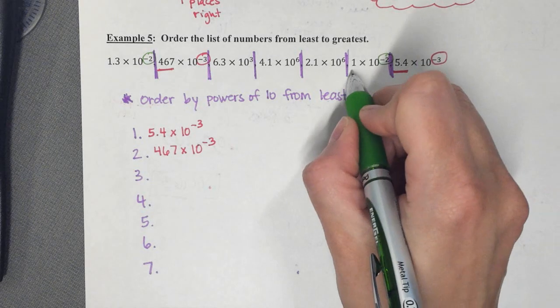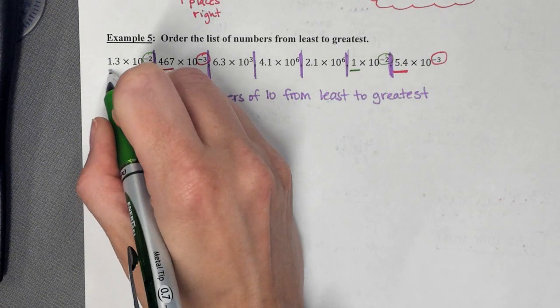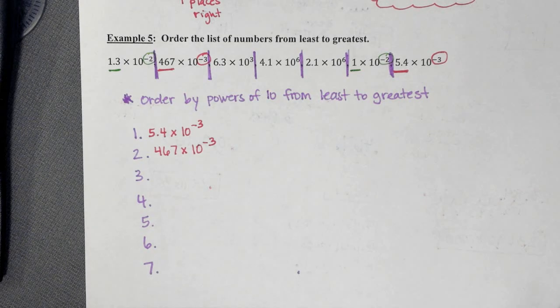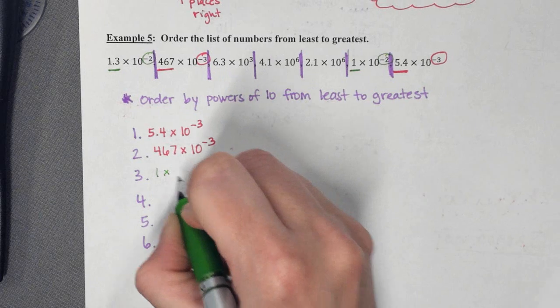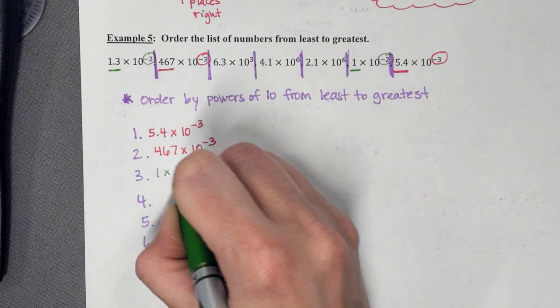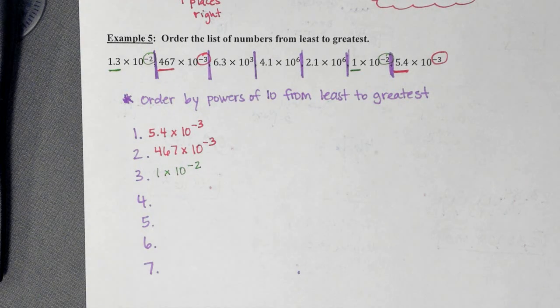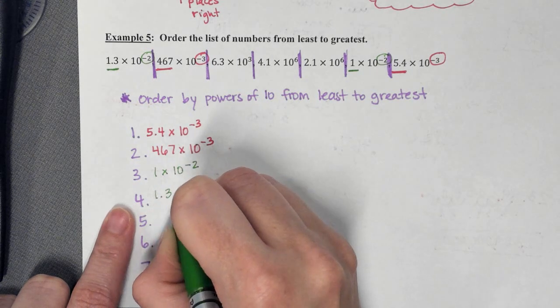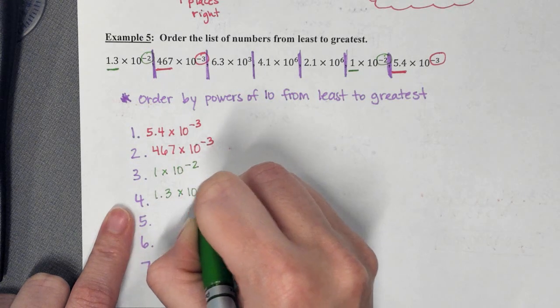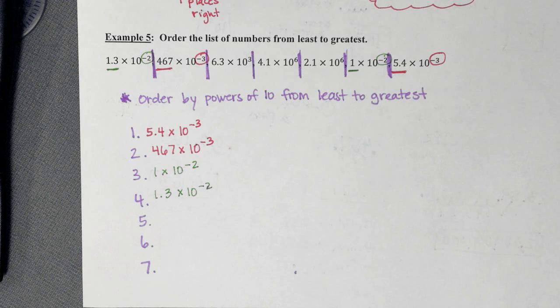Which number is lower? 1 or 1.3? 1 is lower. Yep, so that's going to go first on our list. If the powers are the same, you're going to pick the lower number. So this would be 1.3 times 10 to the -2. Okay, great.